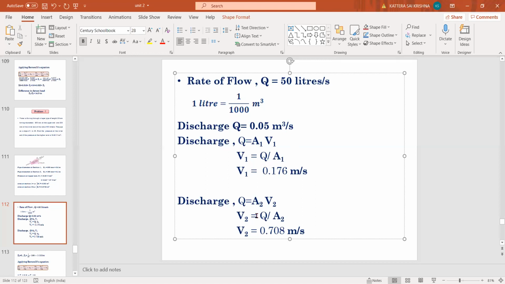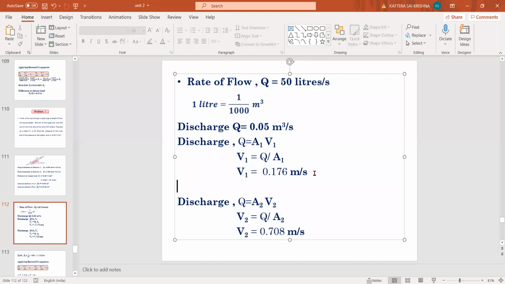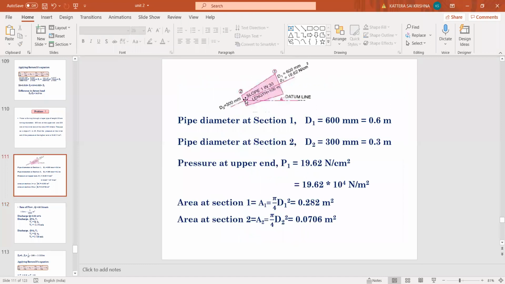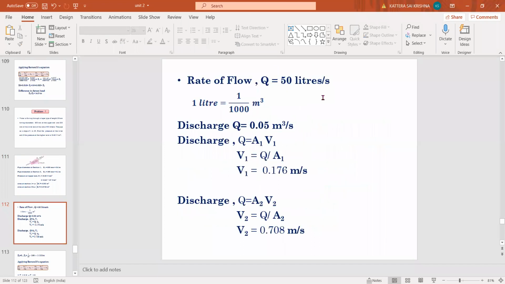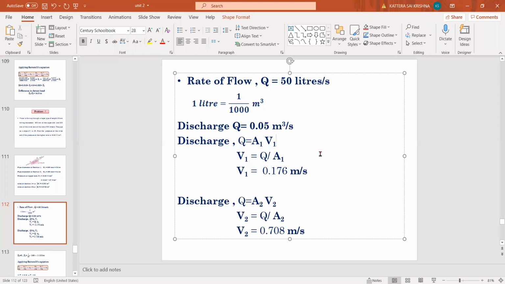After getting V1 and V2, with P1 already in the question, next we need to find Z1 and Z2. By seeing the diagram, Z2 is touching the datum line, so Z2 equals 0 and we need to find only Z1. Please copy this.